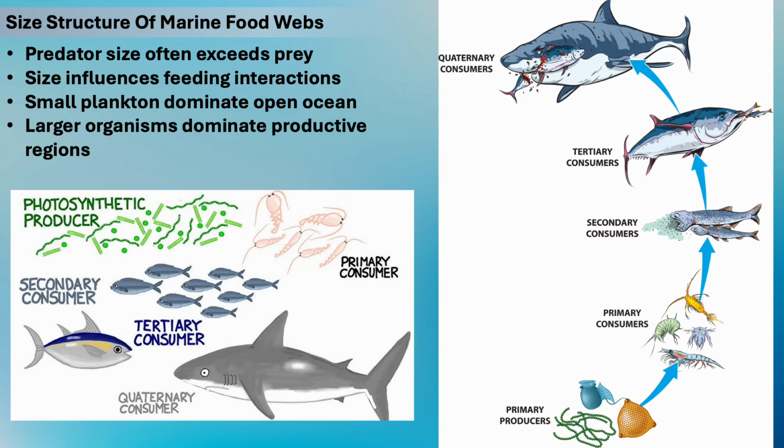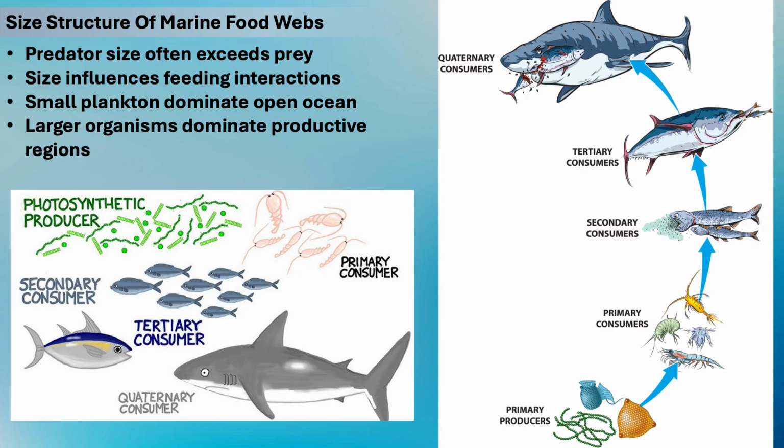In the plankton community, extremely small phytoplankton may be consumed by slightly larger zooplankton, which are then consumed by larger predators such as fish larvae. As energy moves upward through trophic levels, the organisms involved generally increase in size.